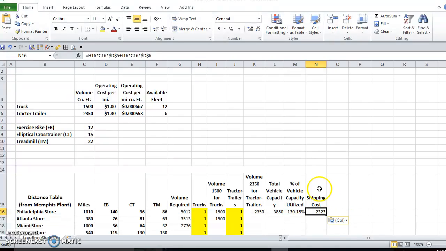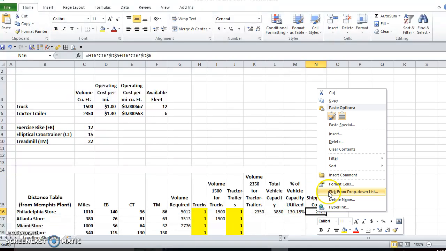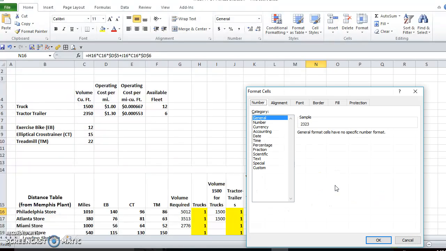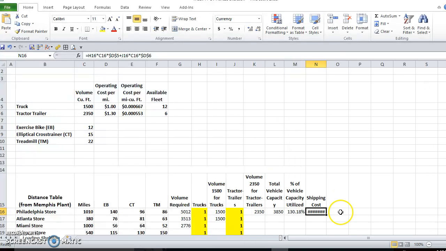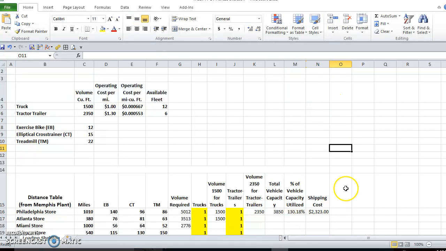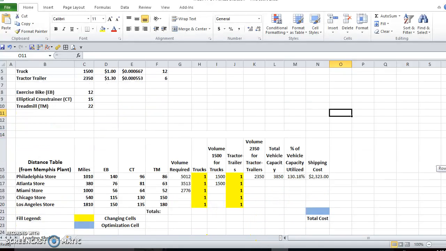And again, sorry for being a little bit persnickety, but we really ought to format that for currency. There. Let me broaden that a little bit. So we've got it. And of course, all you would do for every one of these is copy and paste them the whole way down, and you would be able to get the full sheet filled out.